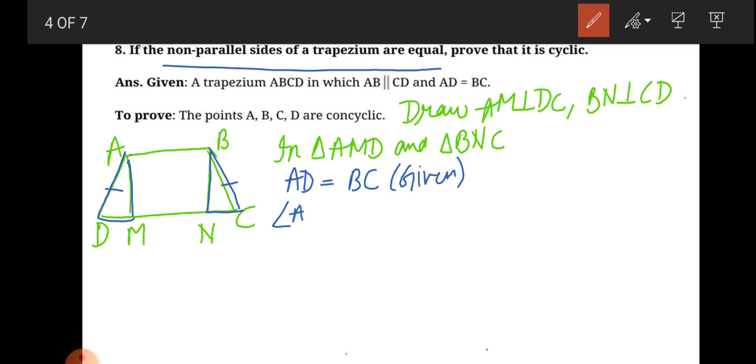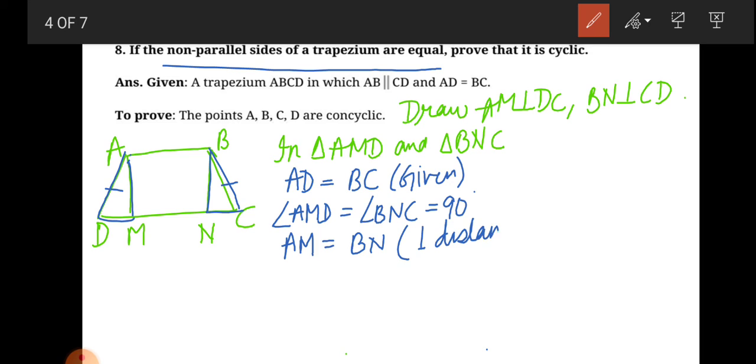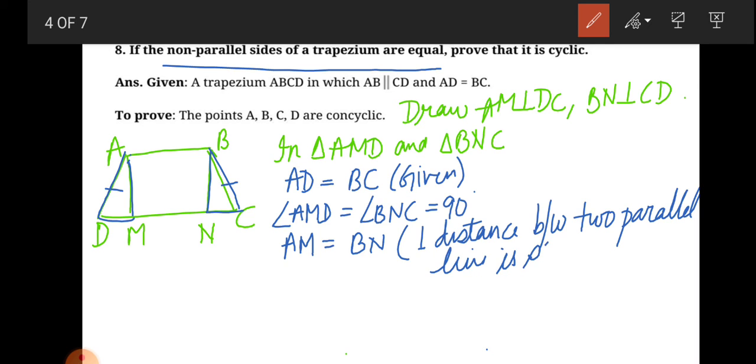Angle AMD is equal to angle BNC, each 90 degrees by construction, and AM is equal to BN. The perpendicular distance between two parallel lines is the same.